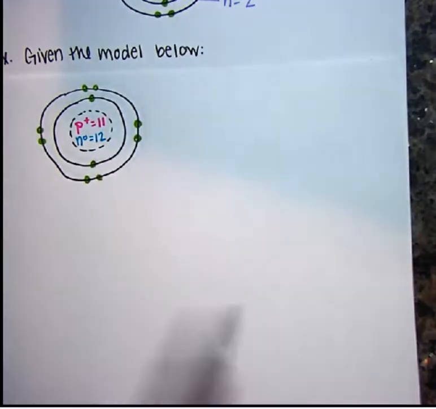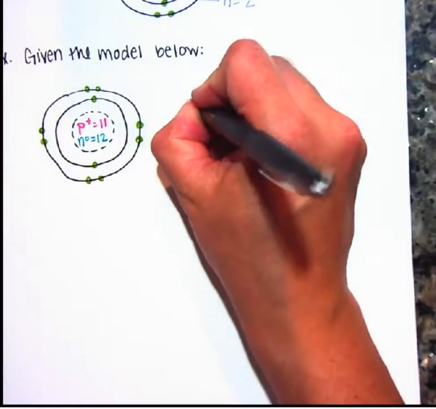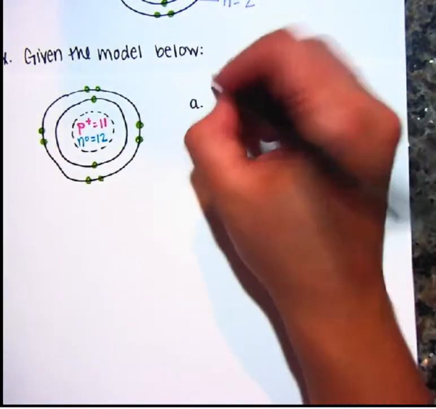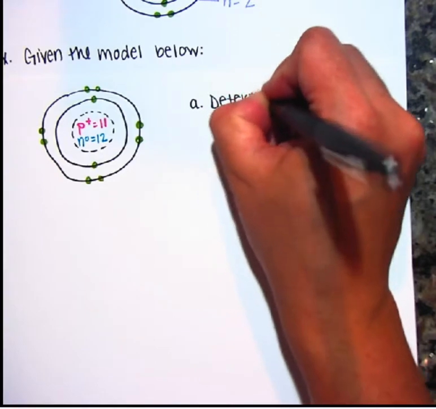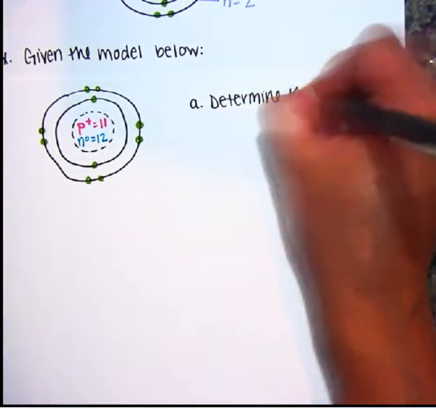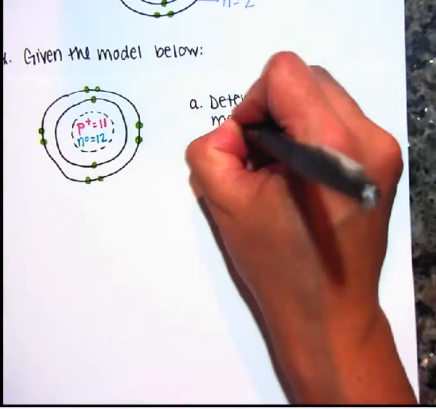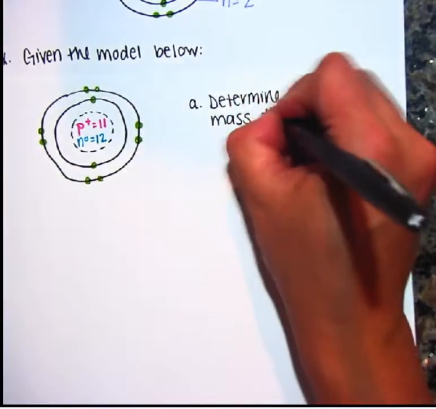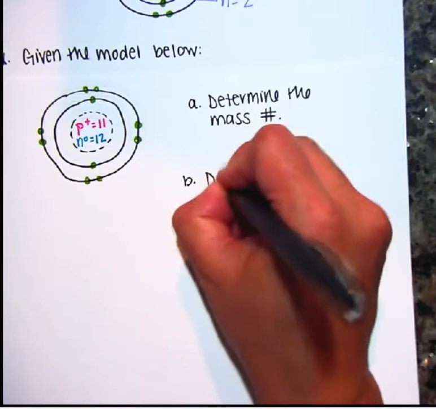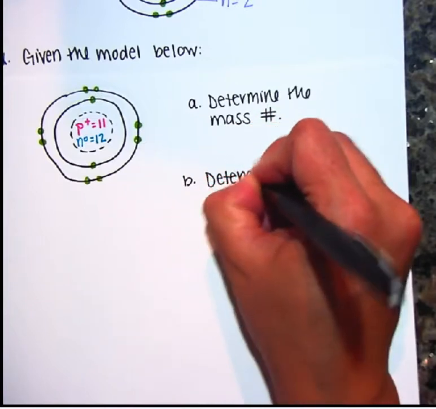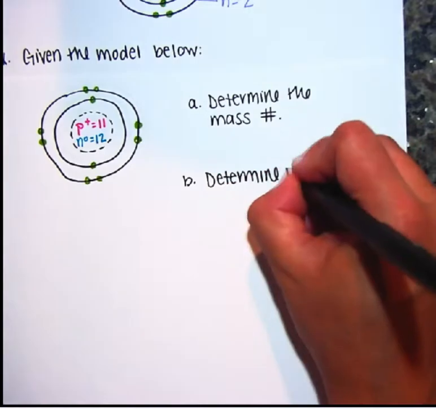So, given this model, A, determine the mass number. B, determine the charge.